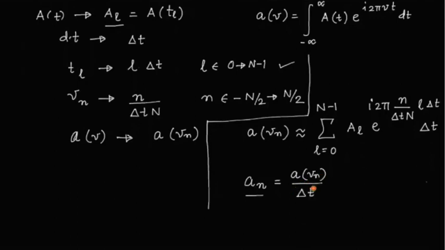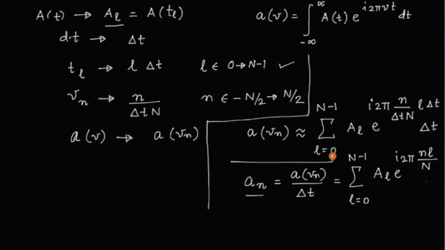So this is equal to the sum over L equals 0 to n minus 1 of A_L e to the i 2 pi n L by capital N. See, small n, L, and capital N, all these three are numbers, just numbers. Okay. So this is the discrete Fourier transform relation.